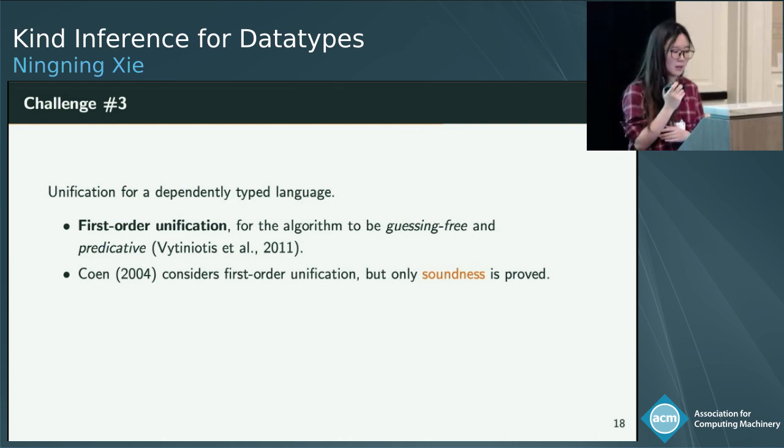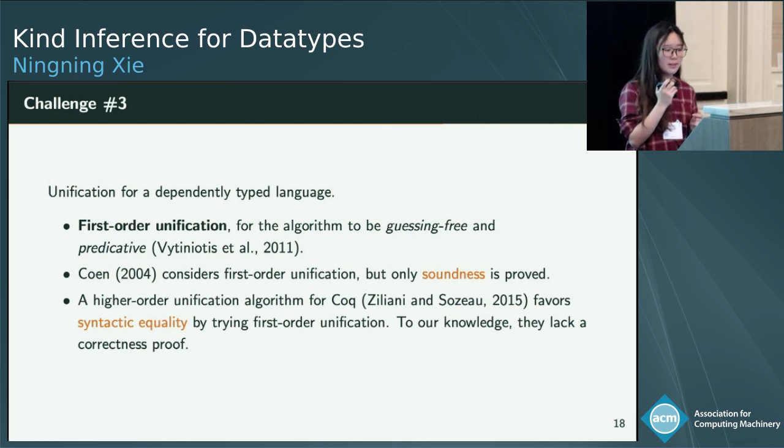We argue that first-order unification is still important even in a higher-order setting. For example, a higher-order unification algorithm for Coq favors syntactical equality by trying first-order unification first, because they argue that first-order unification gives the most natural solution. But to our knowledge, they lack a correctness proof.